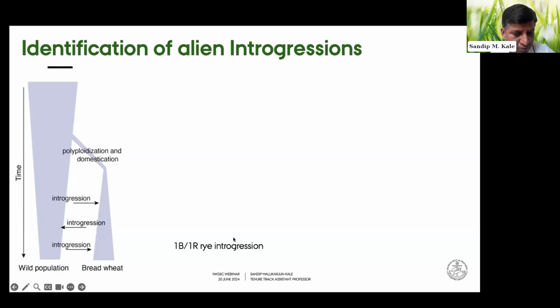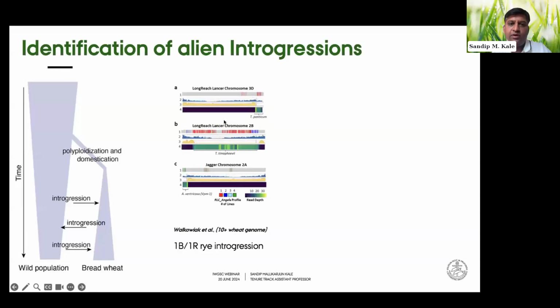One of the known introgressions is the 1RS rye chromosome arm on 1B. And based on the reference assemblies of 10 wheat genomes, they also identified more introgressions on different chromosomes.